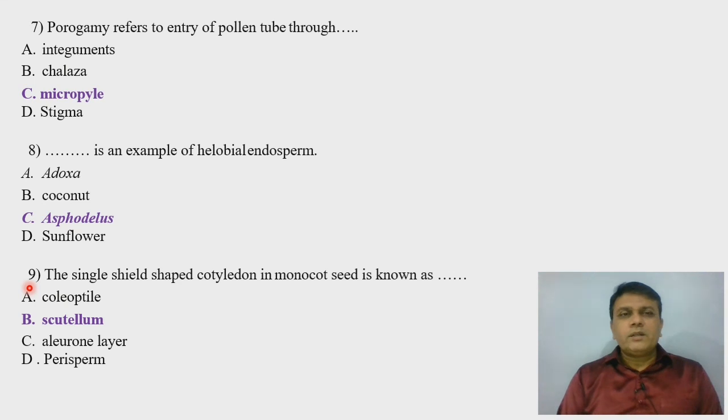So these are the monocot plants, and these monocot plants show presence of one cotyledon, and this cotyledon is a single and shield shaped structure, and it is called scutellum. So scutellum is the correct option, which is the term given to the single shield shaped cotyledon.